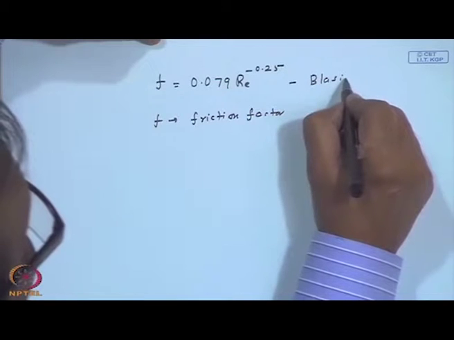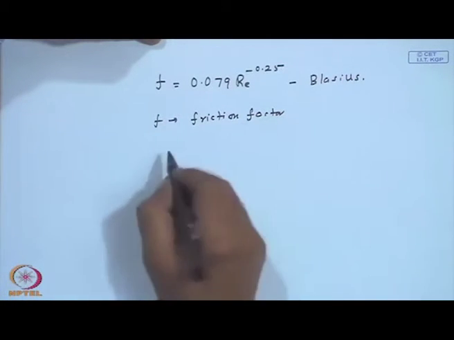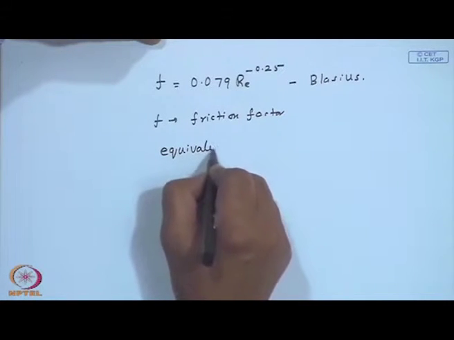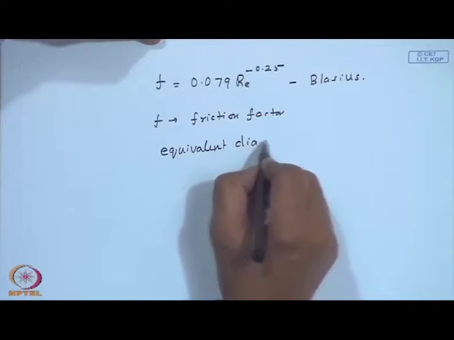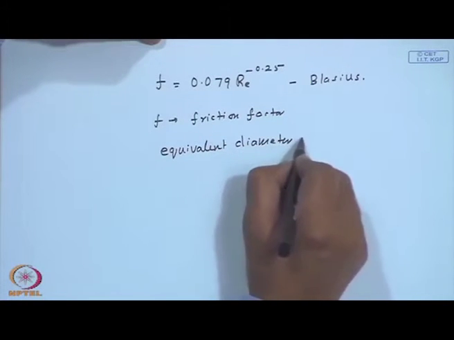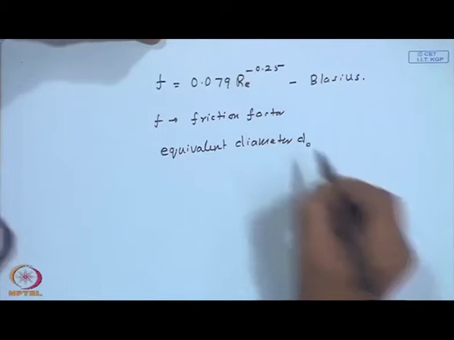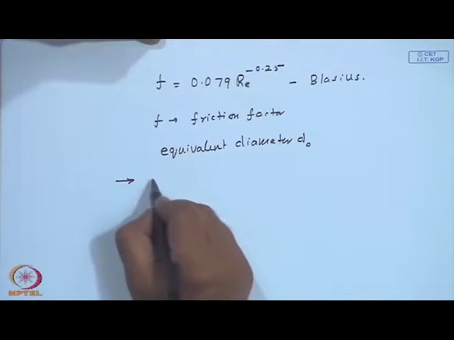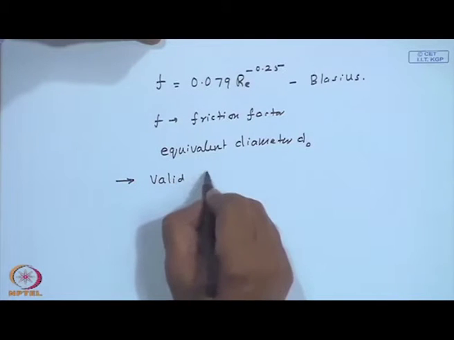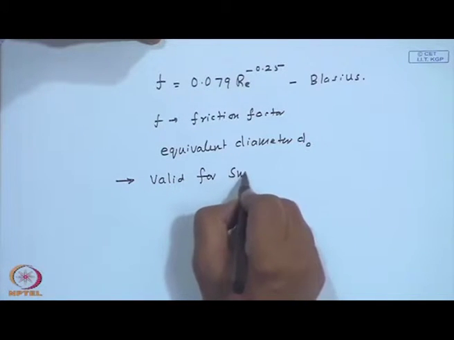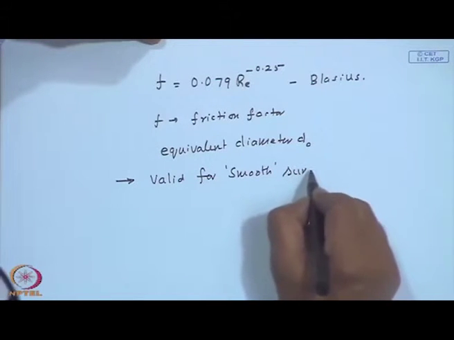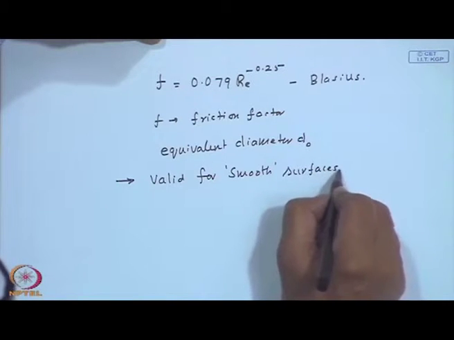This is also at equivalent diameter, D or D naught. Now, this is in the turbulent flow category, valid for smooth surfaces.